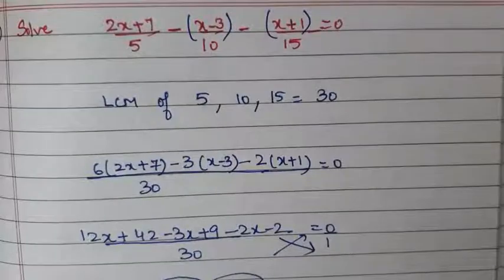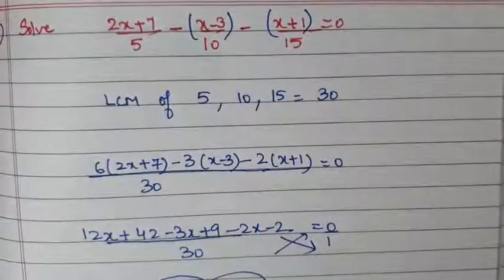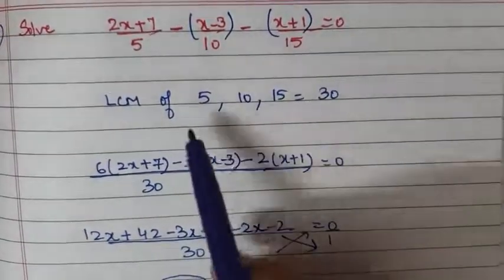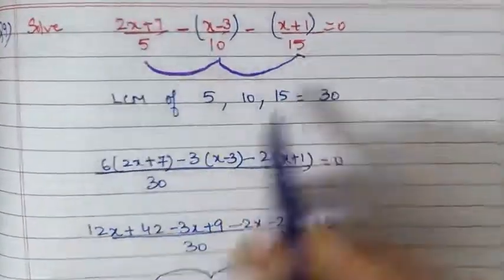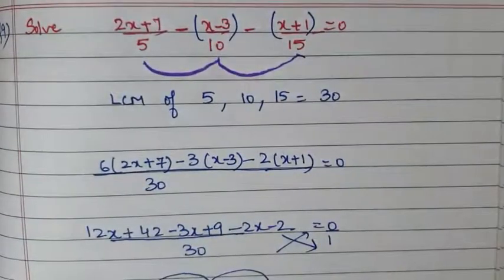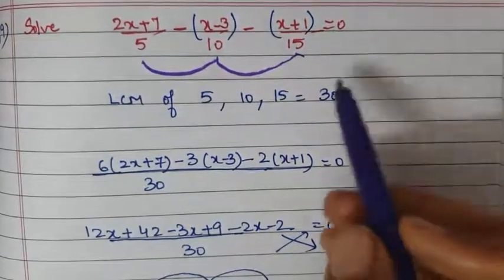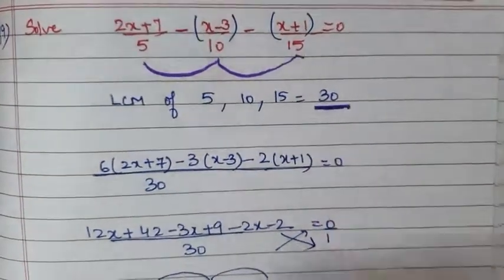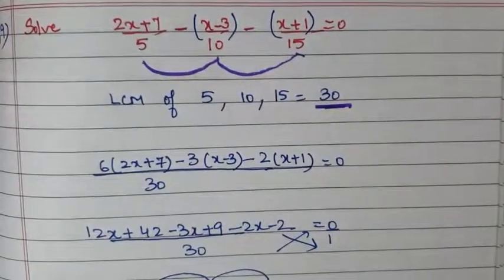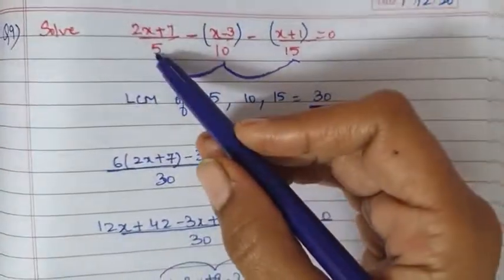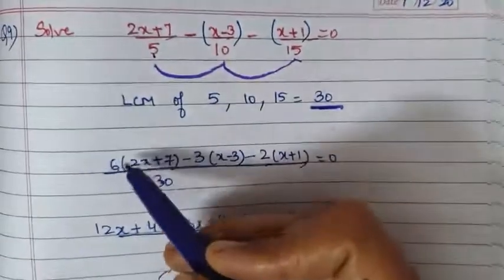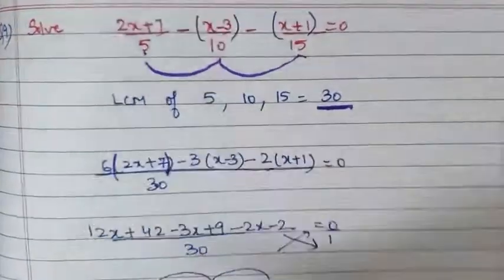Clear? Now the next question is also same. First of all, we will take the LCM of the denominator terms. The LCM is 30. So now 30 divided by 5 is 6, and 6 will multiply with this bracket.